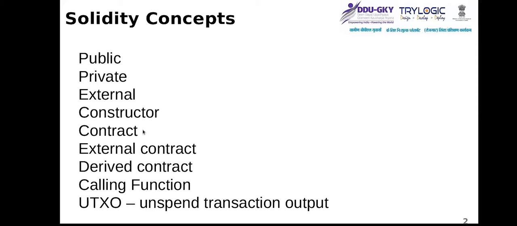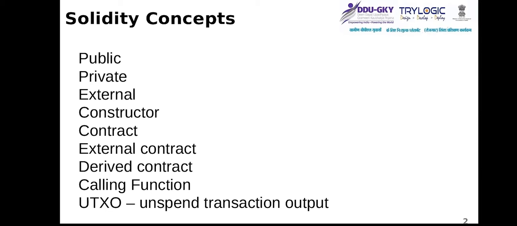Let's say there is one contract, then we can have one more contract. If there are two contracts and one contract is using the other contract, then that is the external contract, meaning a contract apart from the initial contract.